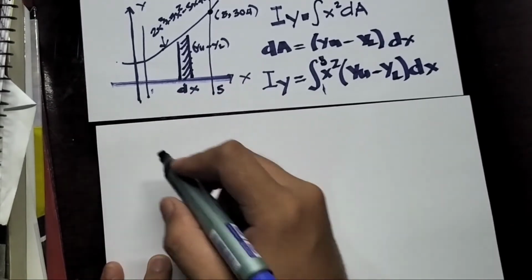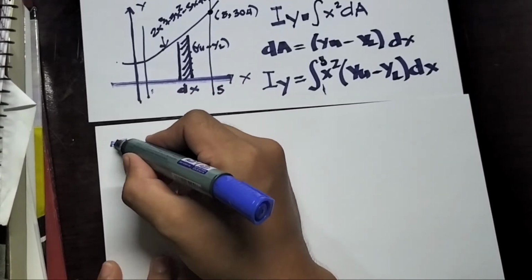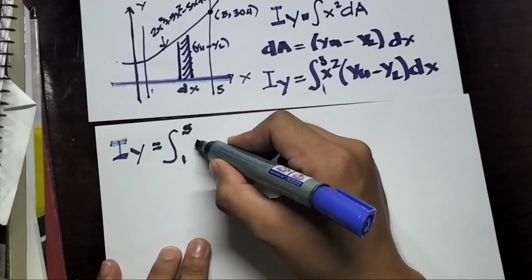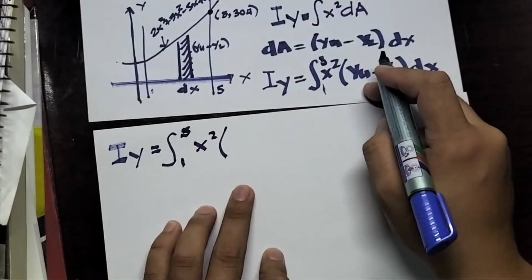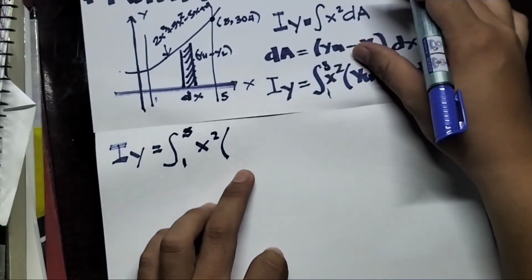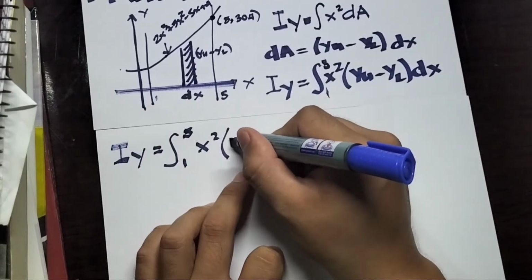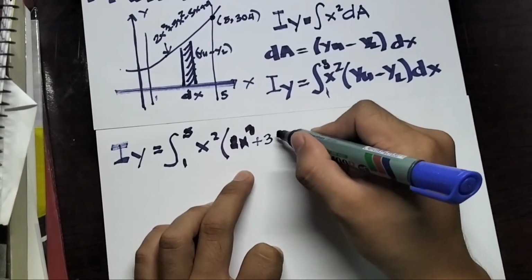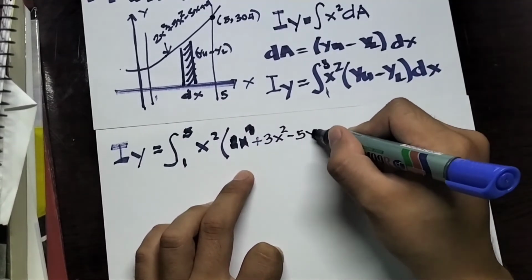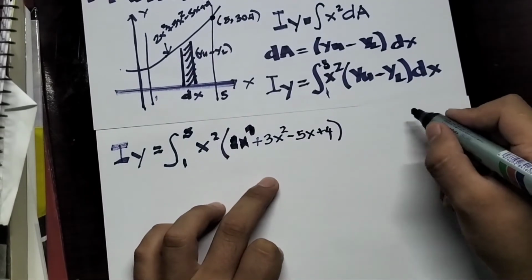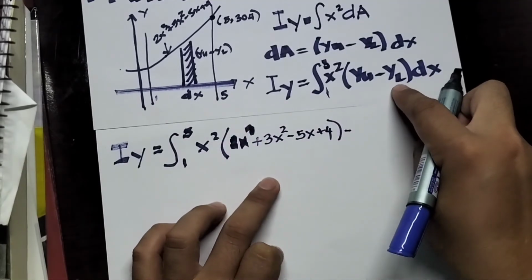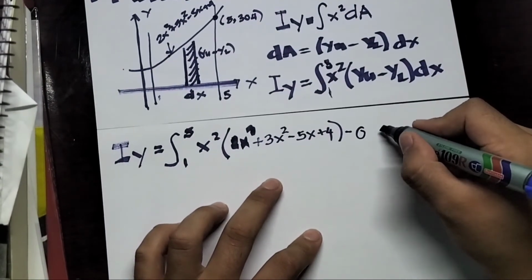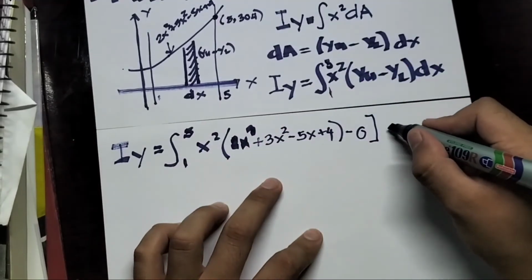So ayun na, substitute na lang natin yung mga given. So Iy now is equal to the integral from 1 to 5 of x squared times y upper, the function, which is 2x cubed plus 3x squared minus 5x plus 4, minus y lower, which is y equals 0, dx.